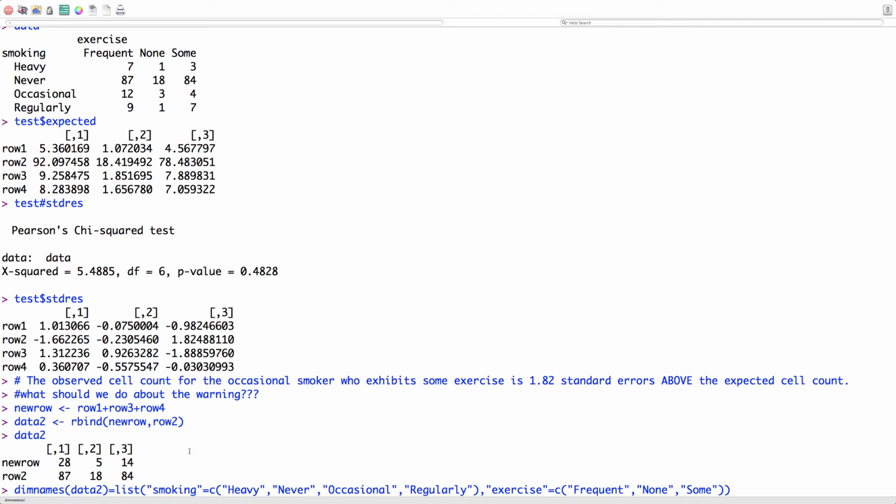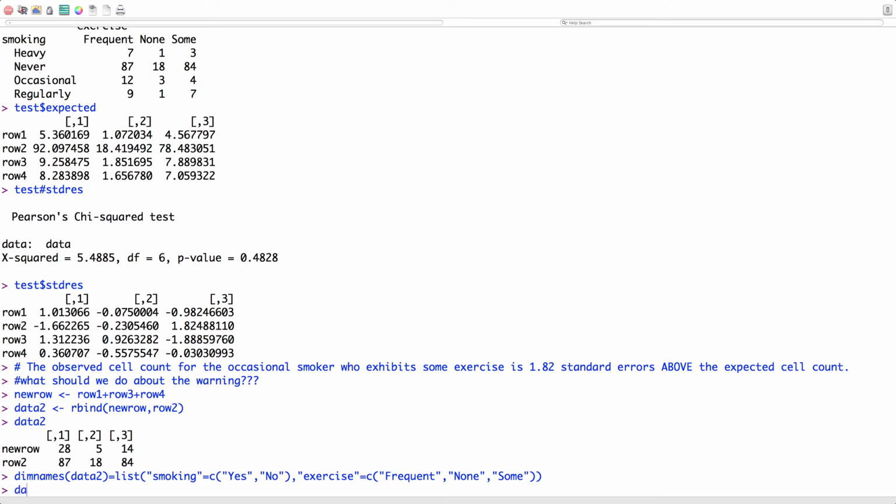So the new row was smoker. I'll tell you what, let's keep it simple. Smoke: no, yes. Okay, so 1 is yes, right? New row, yeah. And exercise, we'll keep as is.